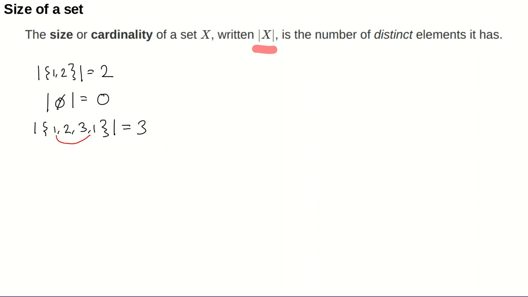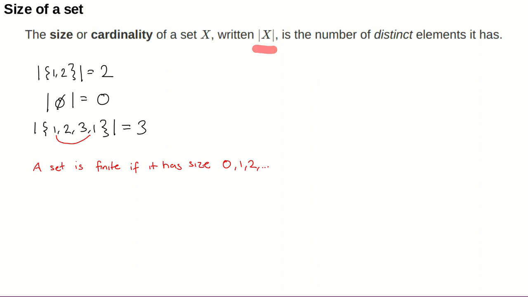There is one special piece of terminology we use about sets. A set is finite if it has size 0 or 1 or 2 and so on, any counting number.